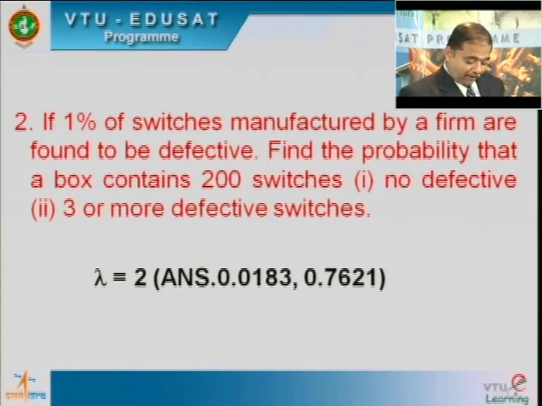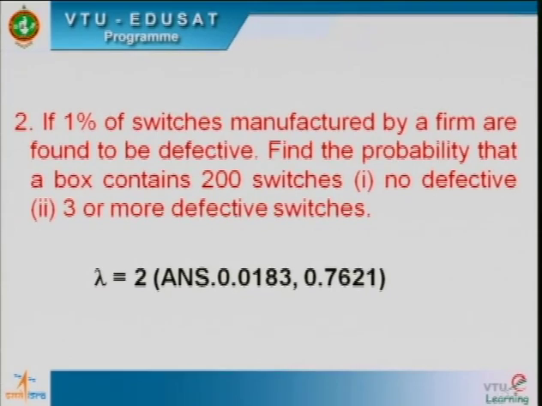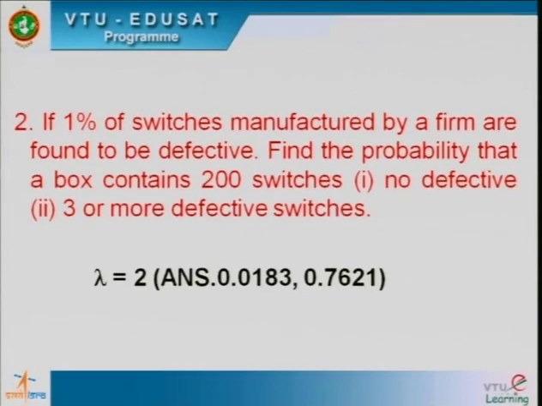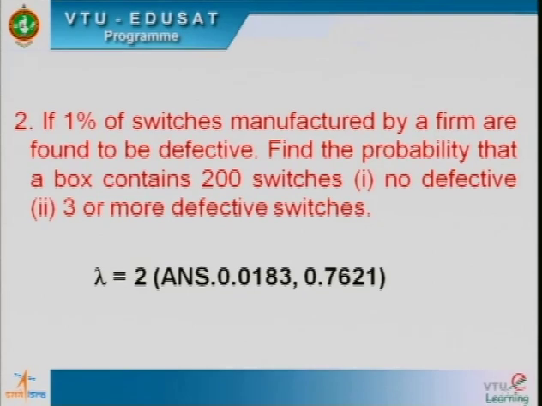Now the second problem. If 1% of switches manufactured by a firm are found to be defective, find the probability that a box containing 200 switches has no defective, and 3 or more defective switches. From this problem onwards, I am going to use the idea of binomial distribution also.